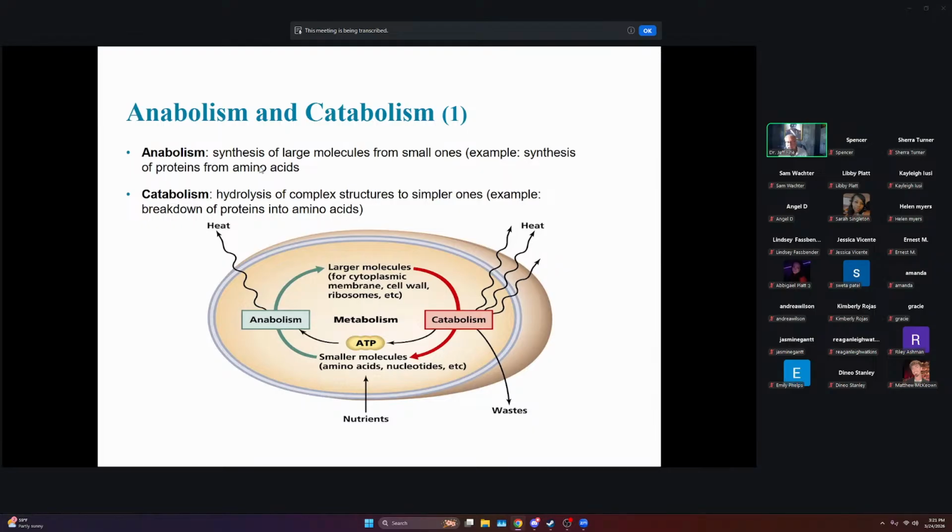But to me, remembering the difference between anabolism and catabolism is that when I think of anabolism, what do competitive bodybuilders sometimes take to make themselves grow from small into exceptionally large?